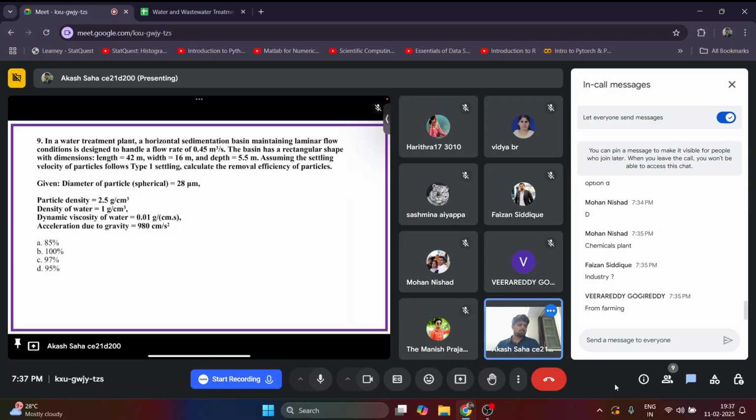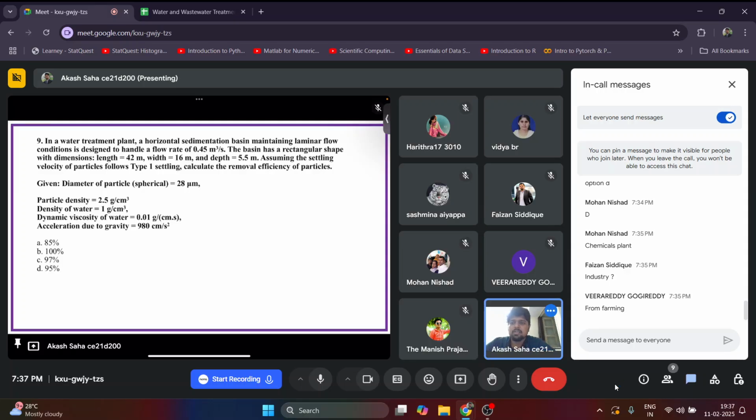Now the next thing. Again, it's a small numerical, not a very big problem. It says that in a water treatment plant, a horizontal sedimentation basin maintaining laminar flow conditions is designed to handle a flow rate of 0.45 meter cube per second. The basin has a rectangular shape with dimensions: length 42 meter, width 16 meter, depth 5.5 meter. Assuming the settling velocity of particles follows type 1 settling, calculate the removal efficiency of particles.